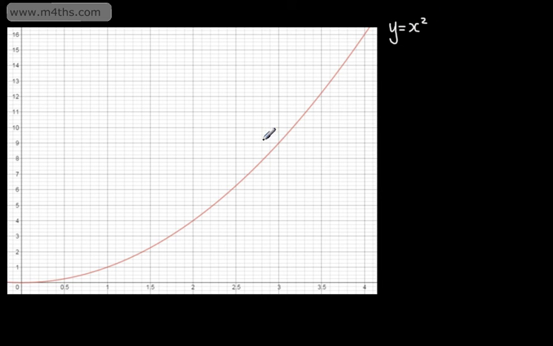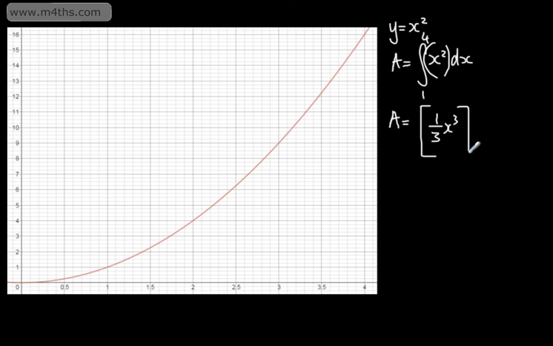Let's say we wanted to find the area trapped under the curve from x is equal to 1 to x is equal to 4. We could say that the area was equal to the integral from 1 to 4 of x squared dx. We know how to integrate this and evaluate, so the area is going to be 1/3 x cubed, from 1 to 4.